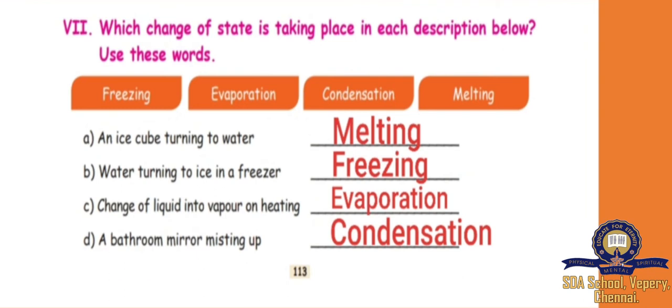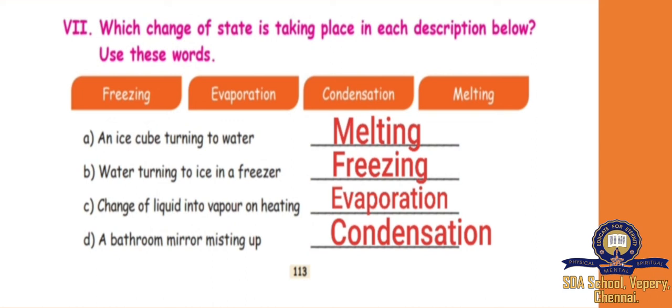Then the next exercise, see here, the sixth exercise is an assignment for you. So the seventh exercise, see here carefully, I have written seventh exercise only, not the sixth one. This is the seventh exercise. Which change of state is taking place in each description below? Use these words.